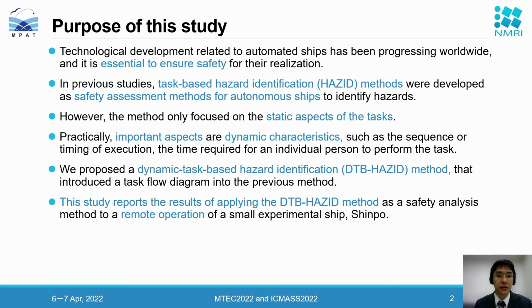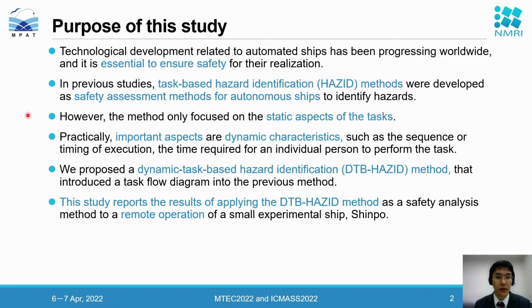Recently, technological development related to automated ships has been progressing worldwide. Thus, it is essential to ensure the safety of these ships for their successful realization. In previous studies, task-based hazard identification methods were developed as safety assessment methods for autonomous ships to identify hazards.